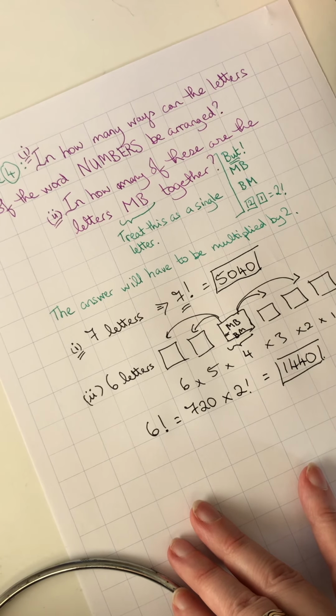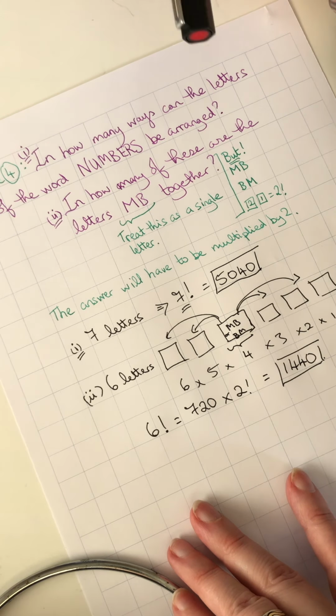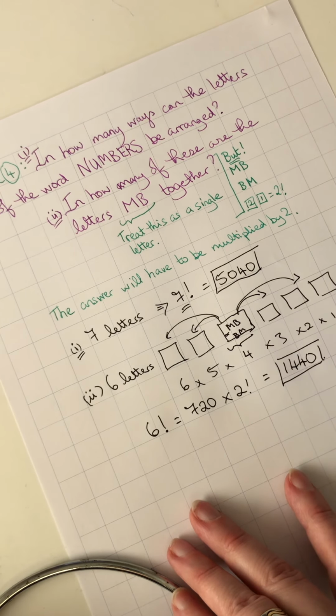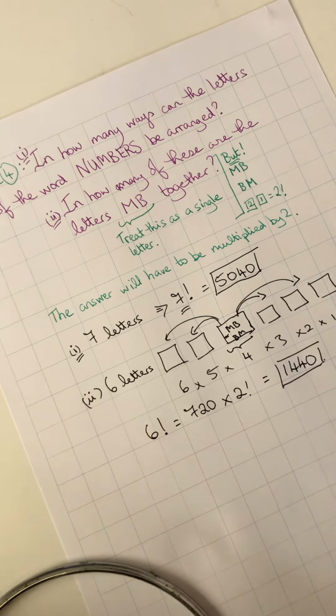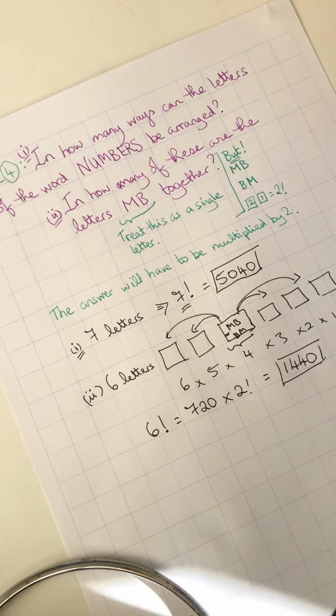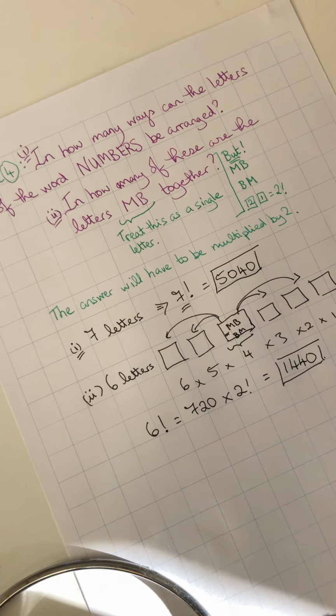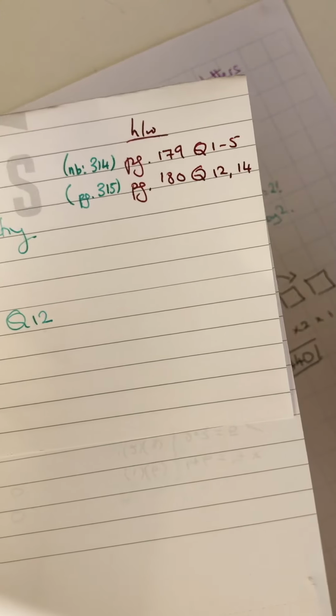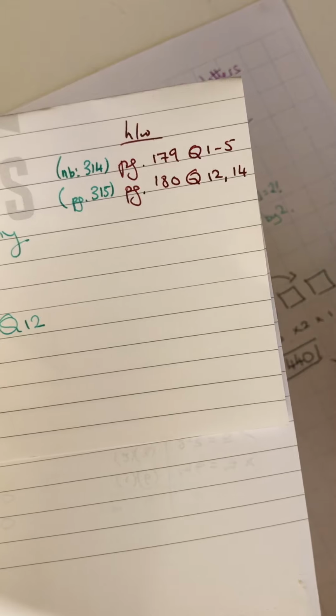Okay, that's pretty much all I want to do on permutations. And I would like to assign some homework now. So let me just put this up on the screen. I wrote it down earlier. Okay, I'm going to fill this in on Google Classroom as well, so I'll type it up.